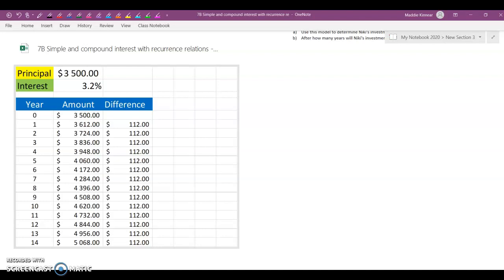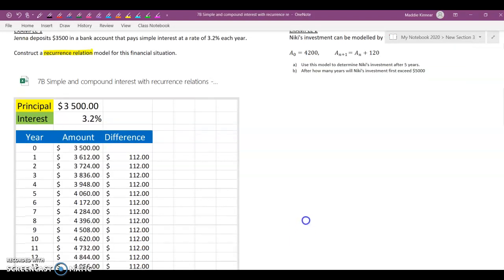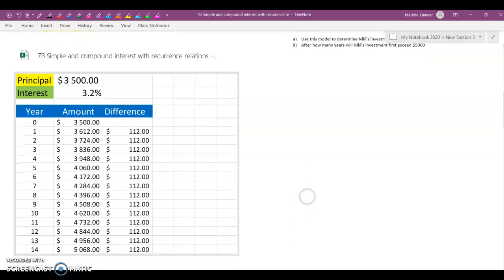So simple interest works by you find the rate of the principal. So you find what 3.2% is of $3,500. And in this case, the bank will pay 3.2% of that original $3,500 into the bank account each year. So 3.2% of $3,500 actually works out as $112.